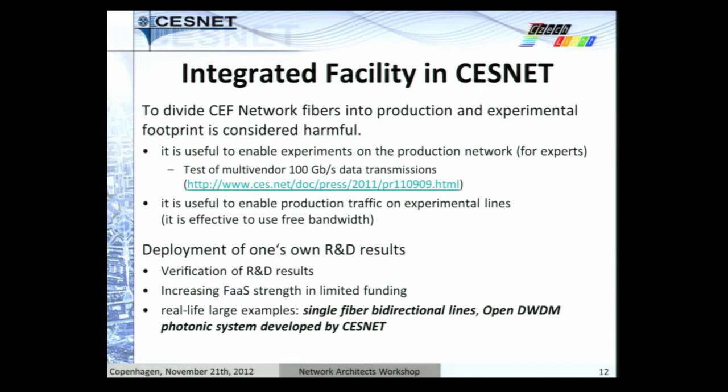So, with the integrated facility in CESNET, we are trying to merge the experimental and production parts of the network. It is not cost effective to lease dark fibers and use them only for experimentation.